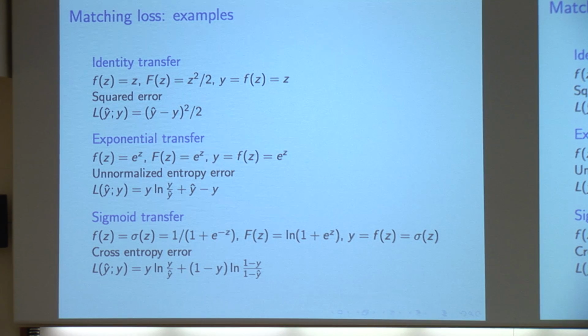And finally, the one the neural net people would have really benefited from 20 years ago: if they pick their favorite sigmoid transfer and go through this construction, out pops cross entropy, the KL divergence between the probability distribution that's the target here and your guess. You don't look impressed, but anyway, this looked really neat to me.